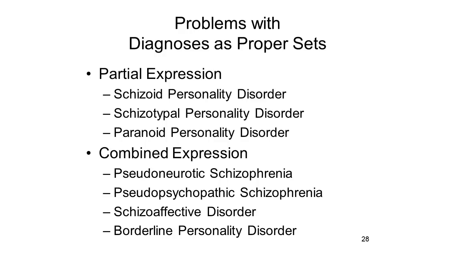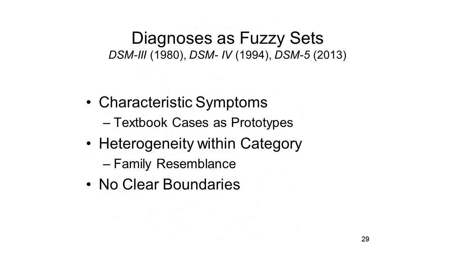And the term borderline personality disorder was introduced to cover patients who displayed the symptoms of both psychosis and neurosis. They were literally on the border between these major diagnostic categories. Accordingly, for the third edition of DSM, published in 1980, the diagnostic system was reformed to construe the psychiatric categories as fuzzy sets, not as proper sets.